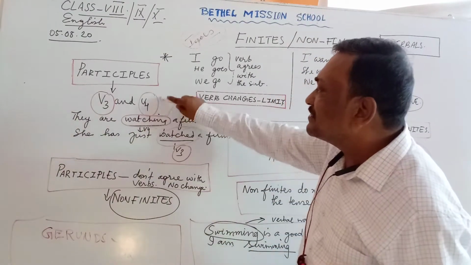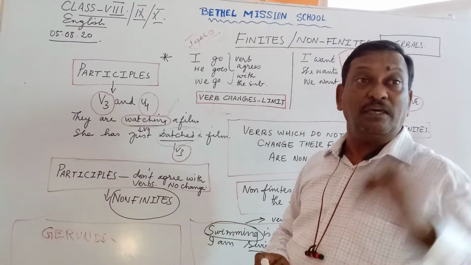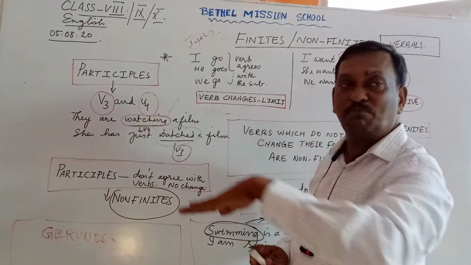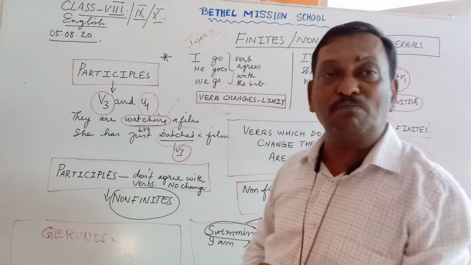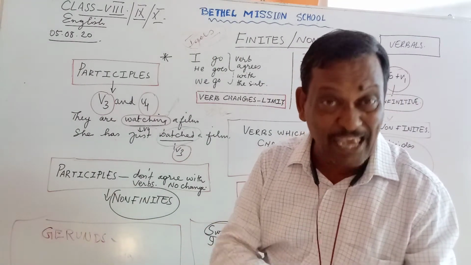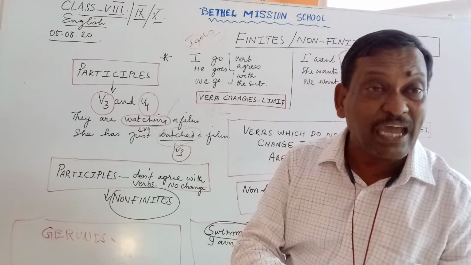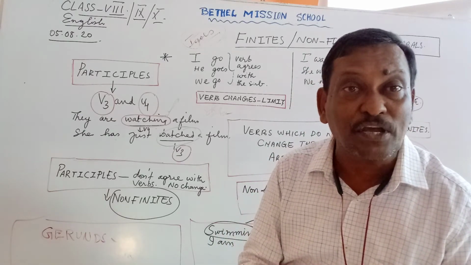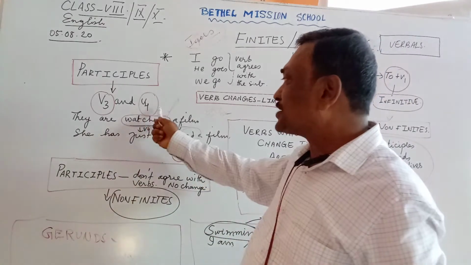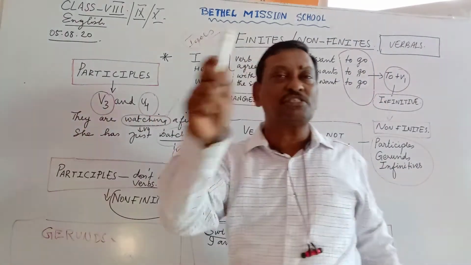But watching does not change. He is watching a film. They are watching a film. We are watching a film. So he is followed by is, they is followed by are, and we is again followed by are. So is and are, they are finite verbs. But watching, that verb does not change.